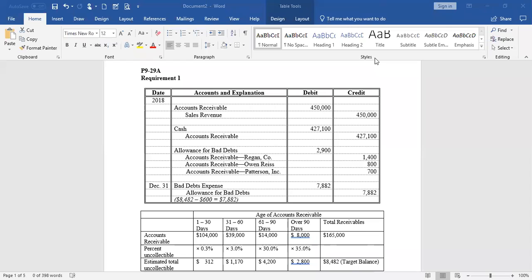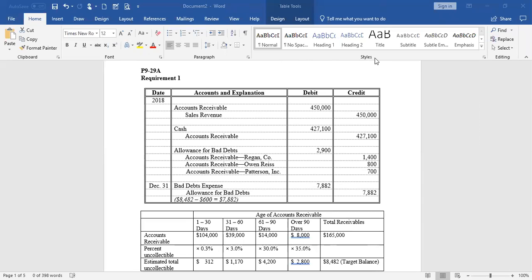If we had sold to the customer 31 to 60 days before December 31st, it would be in the next column. So that means these amounts have been due for 31 to 60 days. The next column is 61 to 90-day-old sales.